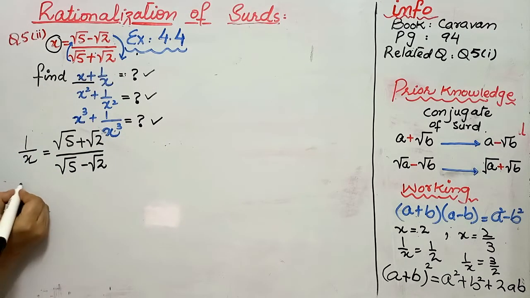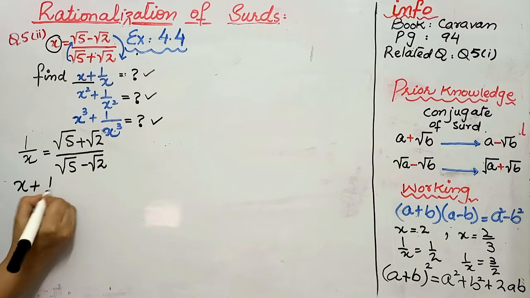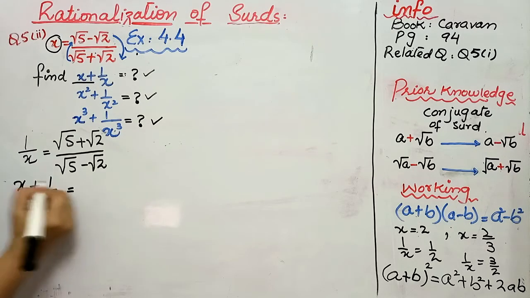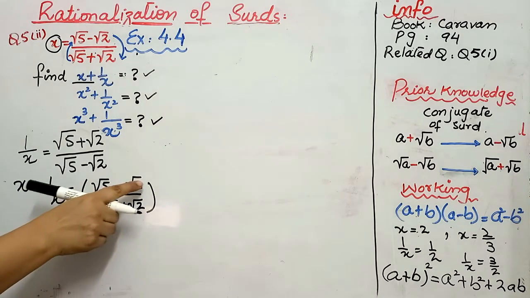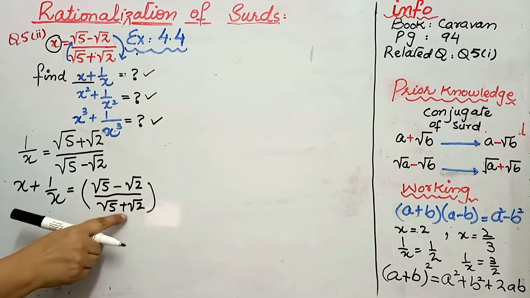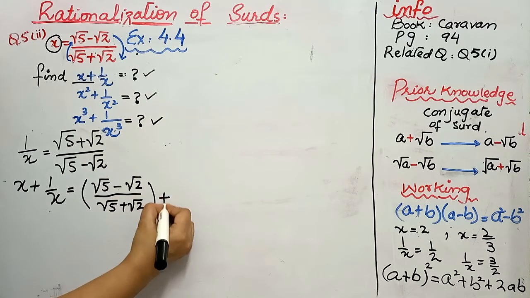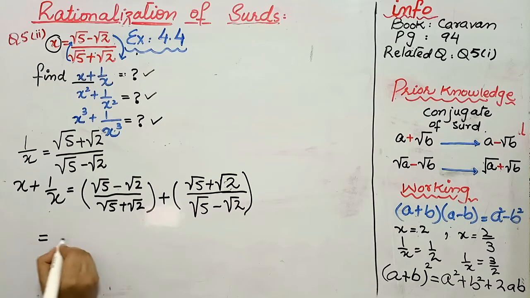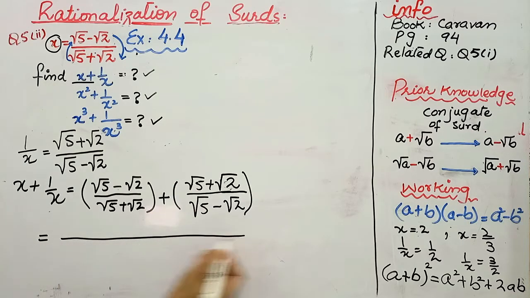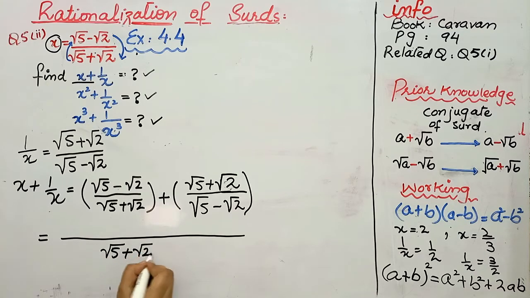So here x plus 1 upon x we need to find. What is the value of x here? What is the value of x? Under root 5 minus under root 2 divided by under root 5 plus under root 2, and then add 1 upon x. We are going to take LCM. Denominators are different, so we are going to take both of them.